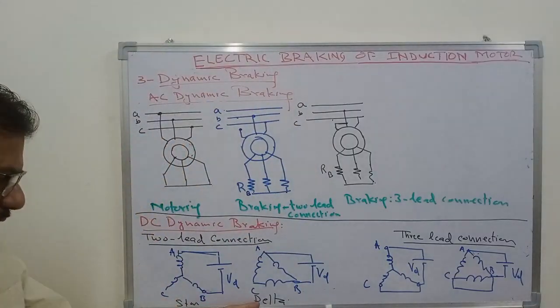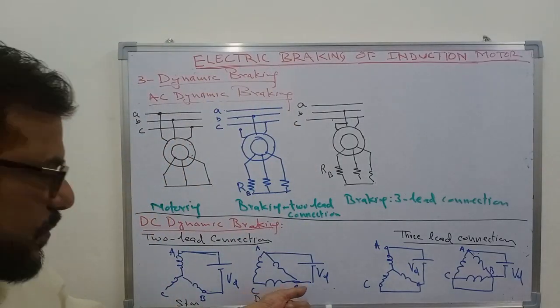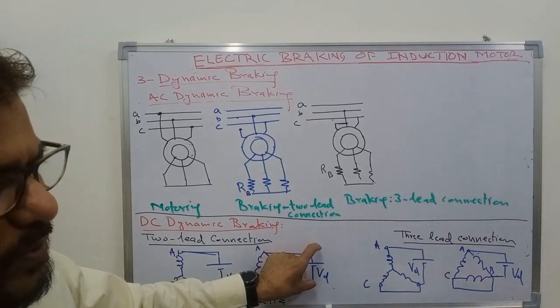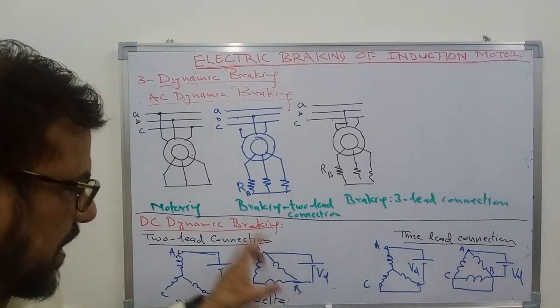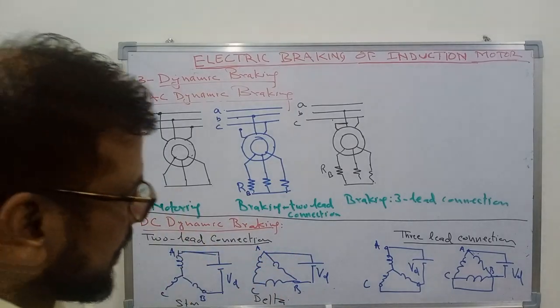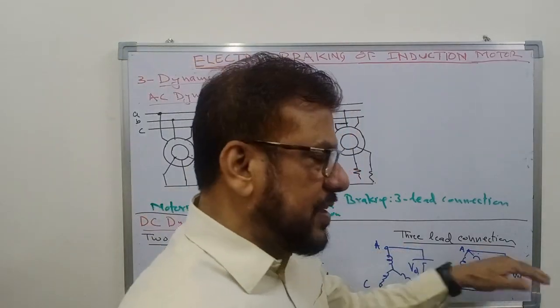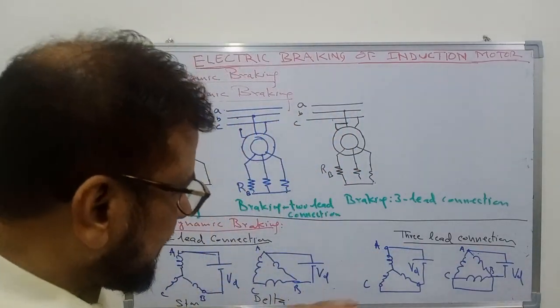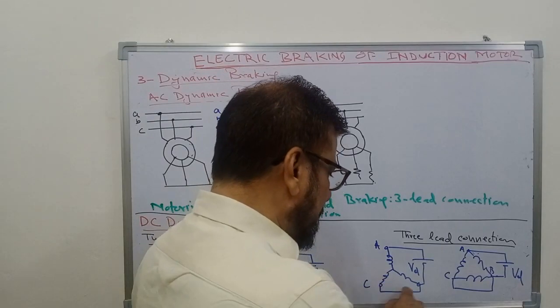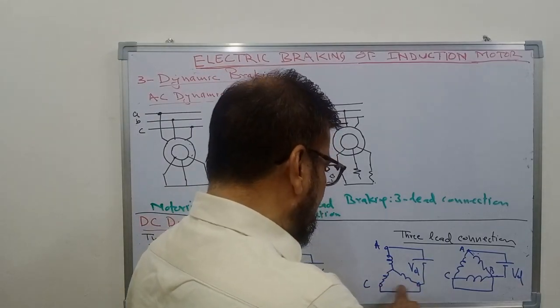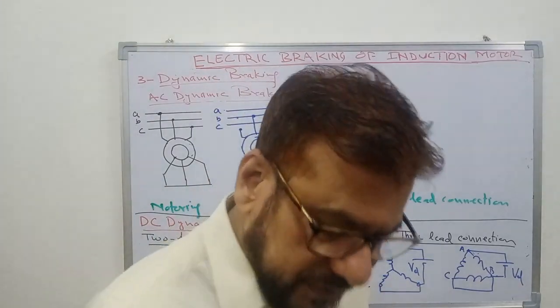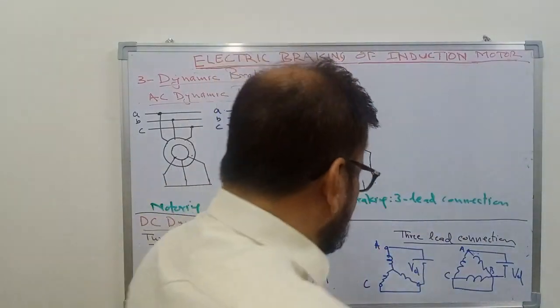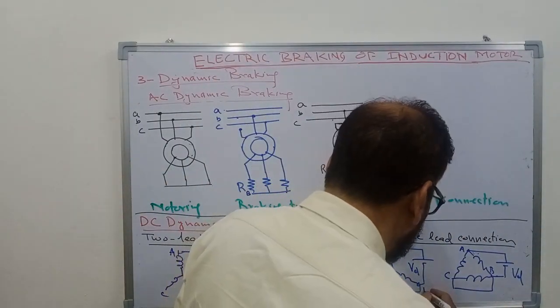The same is shown here for delta connection also. You have to just give supply to two terminals A and B. In 3-lead connection, things are slightly different. You have to short circuit the terminals B and C. I have not shown it here.